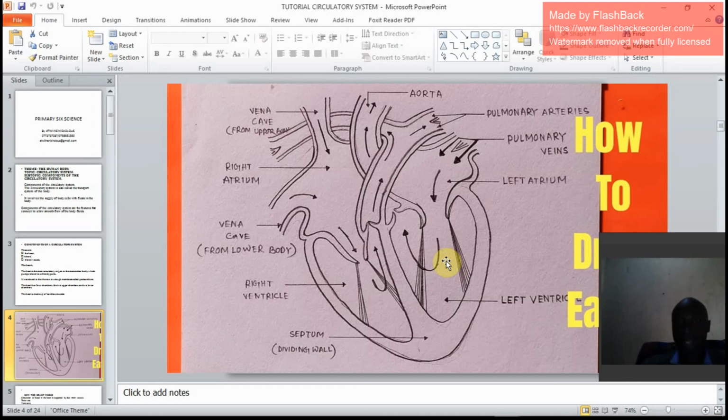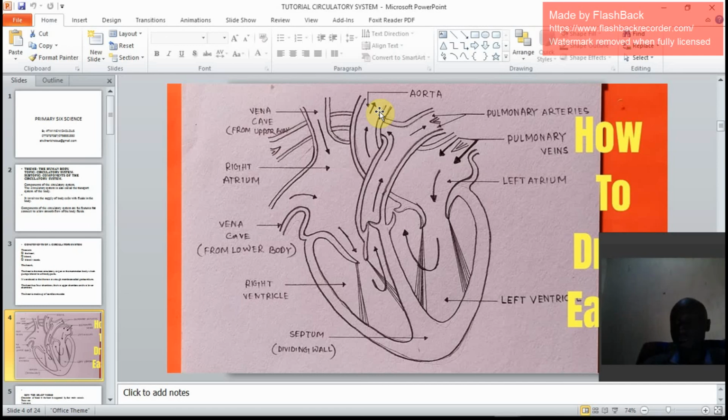Where will it pass? When too much pressure is exerted here, it will pass through the aorta. This is a blood vessel, a way that will help blood to move back to all body parts.